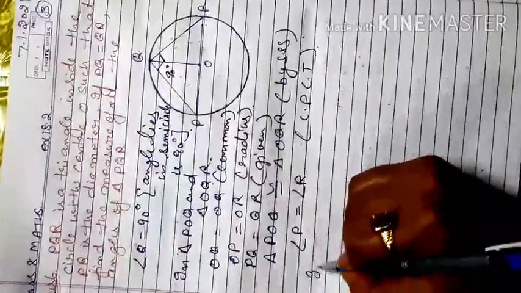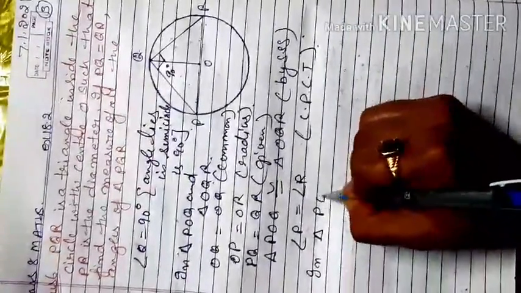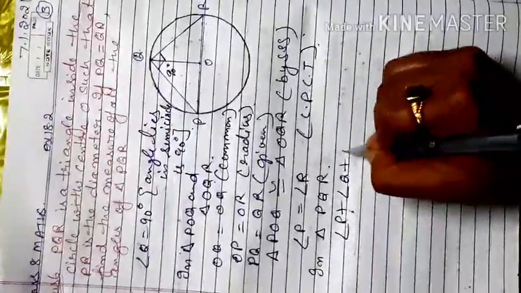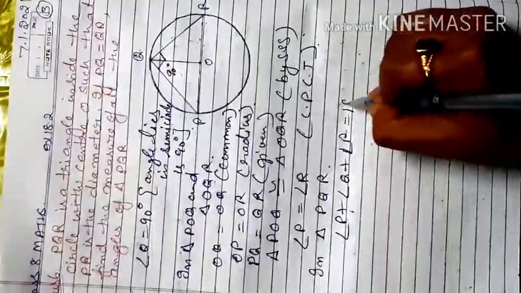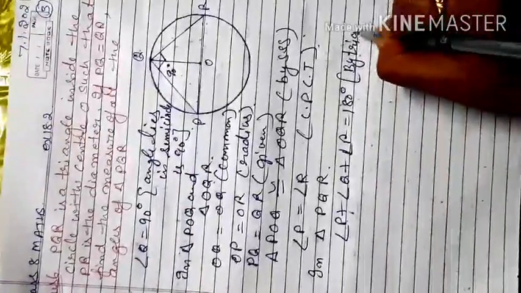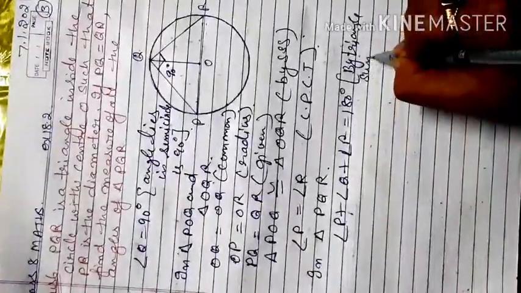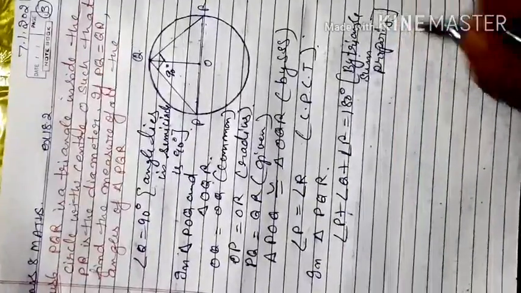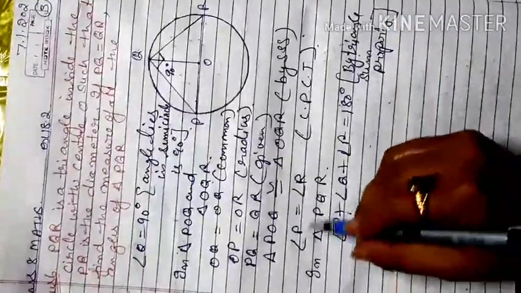Now look at this triangle PQR. Angle P plus angle Q plus angle R is equal to 180 degrees by triangle sum property. You have to mention that here.